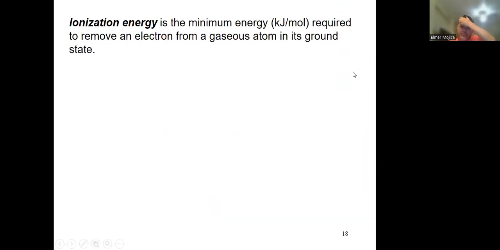Now, the next thing that we can look at in these trends is the so-called ionization energy. Ionization energy is the amount of energy to remove an electron, usually from a gaseous atom in its ground state. As you could see here, you have an atom. If you want to remove an electron, you're going to apply energy, and the energy associated with that is the ionization energy.